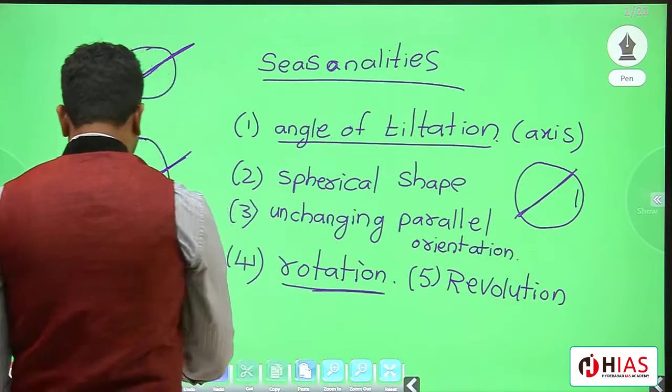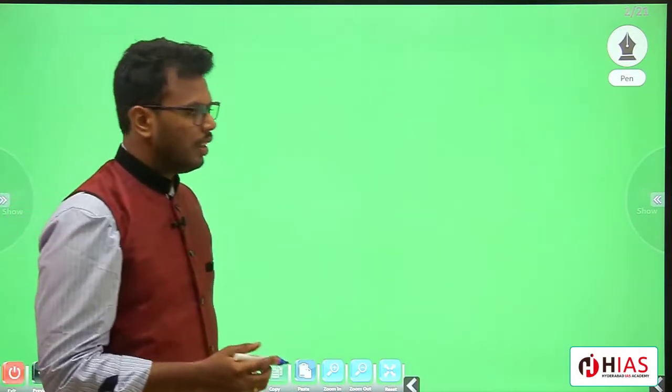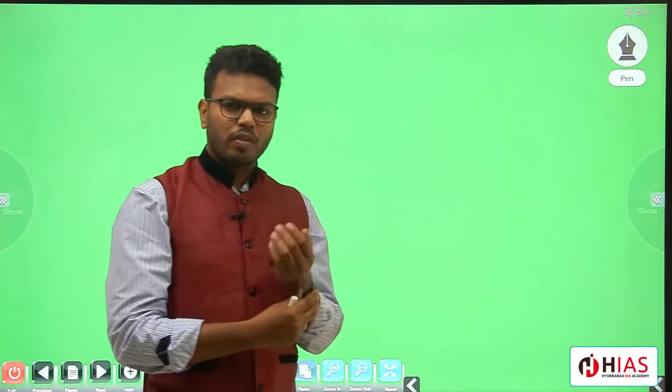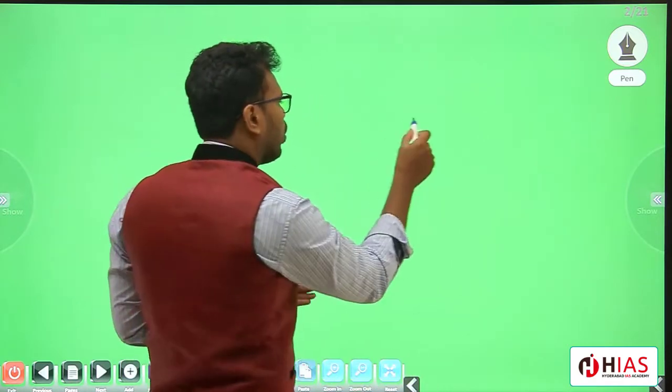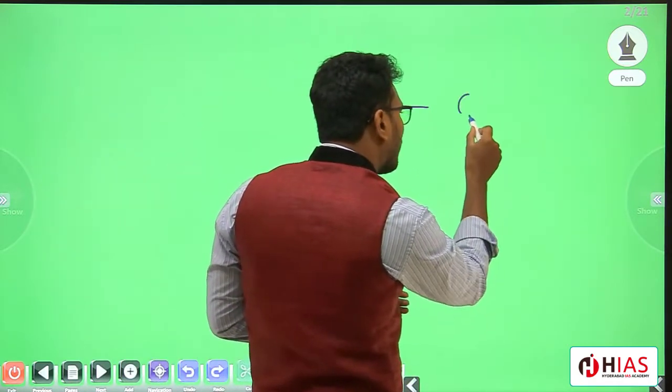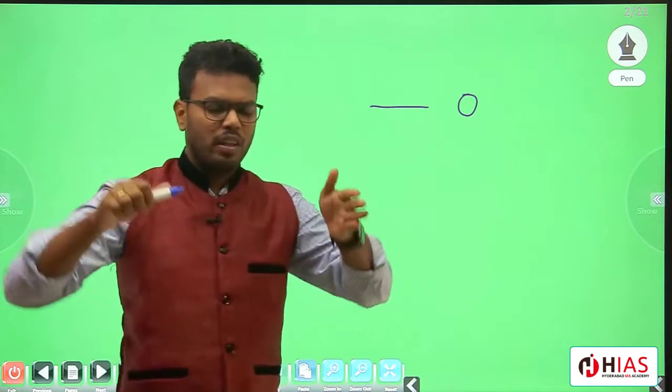Okay guys, now let us discuss one more reason. Suppose I am trying to focus a light on my hand. This is a torch light. If my hand is exactly perpendicular to this torch light, the light will fall at one particular place like this.